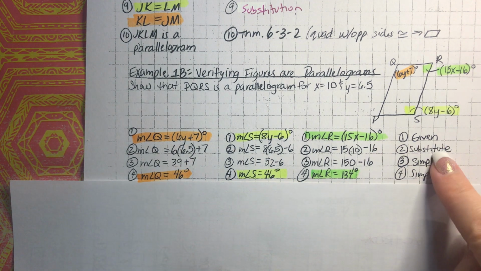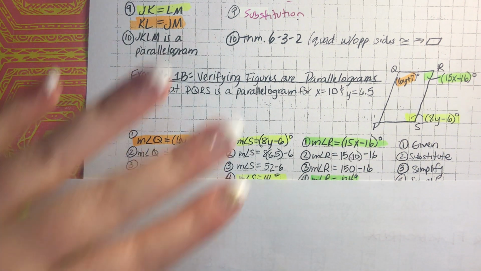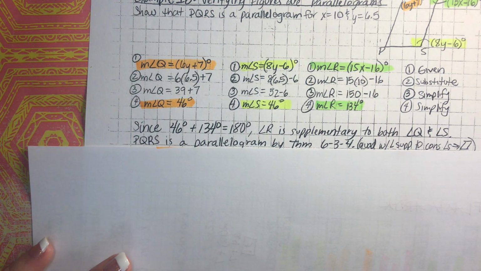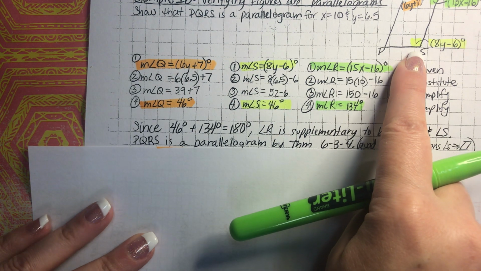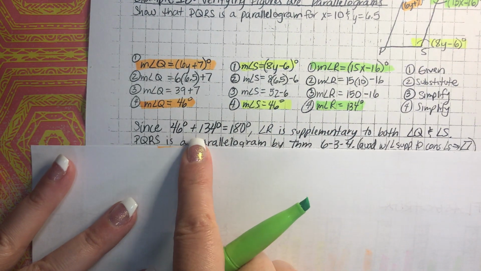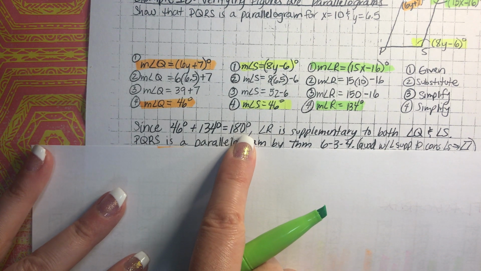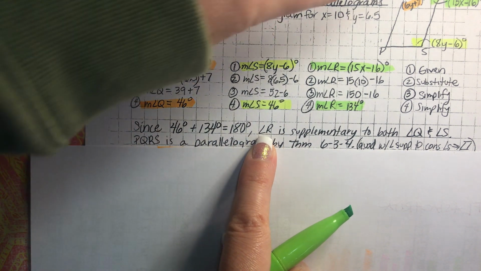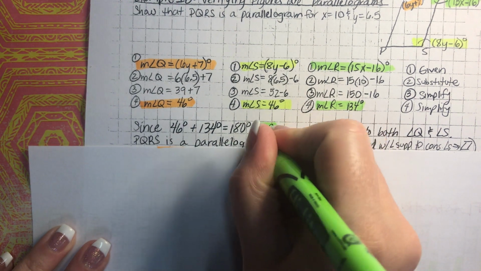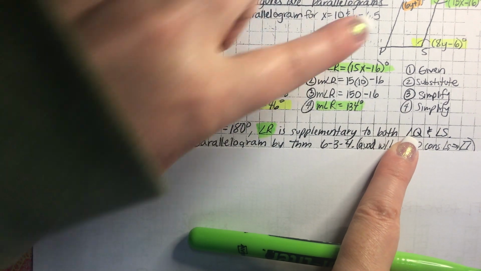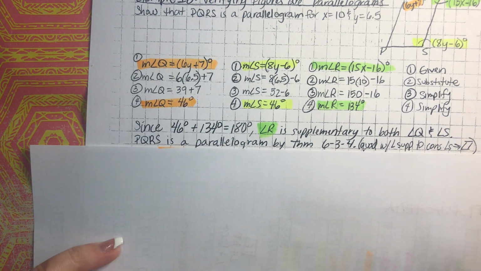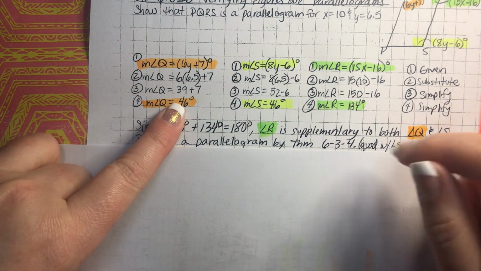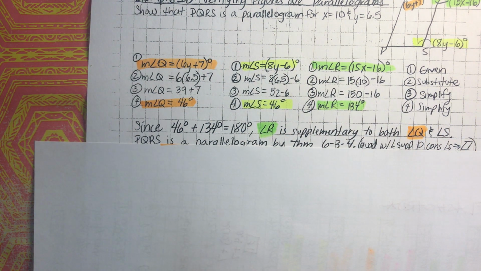And the justifications, really, we substituted and then we just simplified from there. All right? So after that, if you go 46 plus, because right here, this one's 46 and this one's 46, right? And then this one's 134. So if you go 46 plus 134, that equals 180, which means that angle R, this one, is supplementary to both Q and S. Okay, so it's supplementary to Q and S because 46 plus 134 is equal to 180.